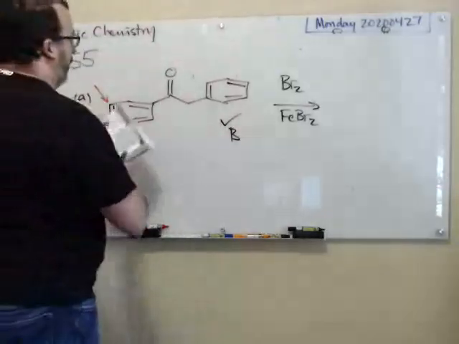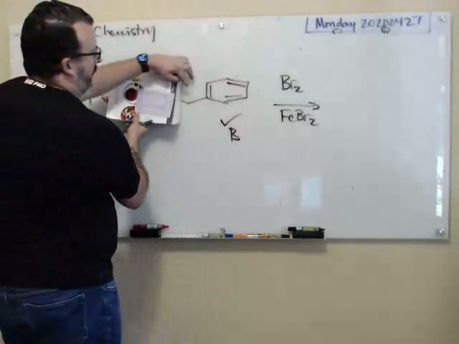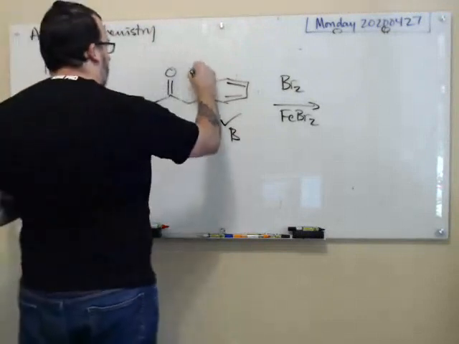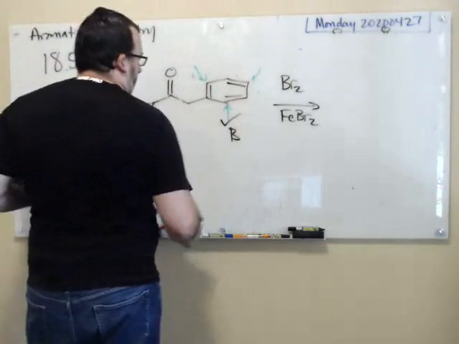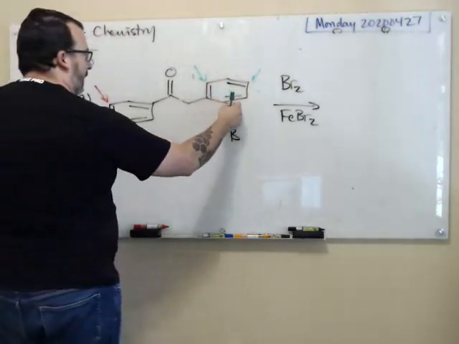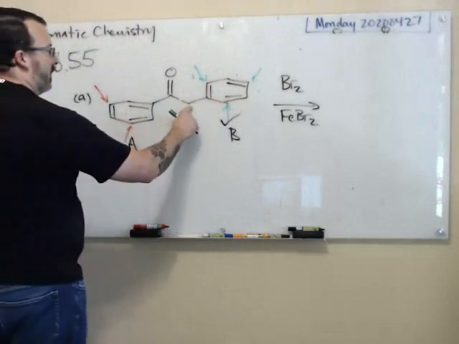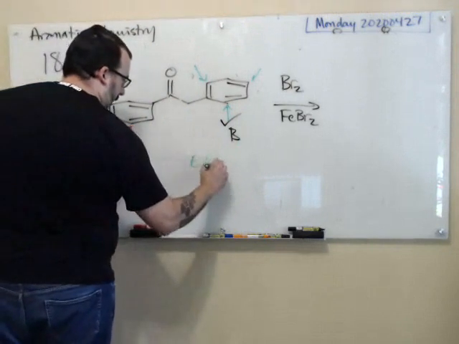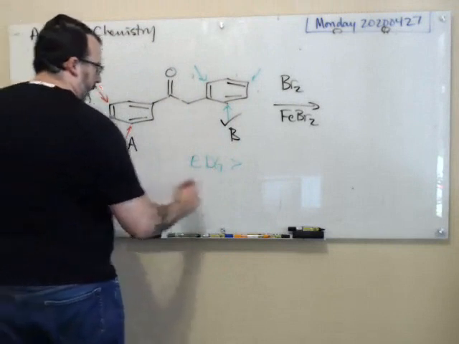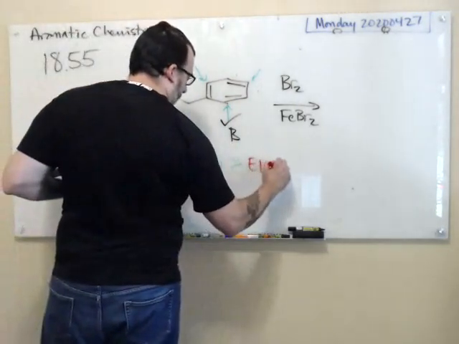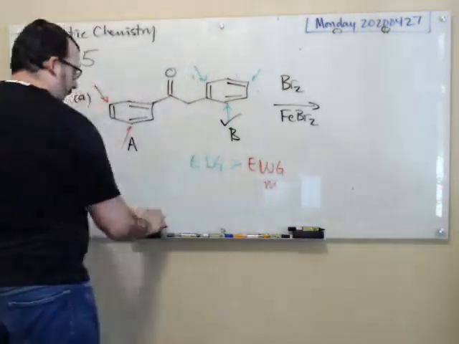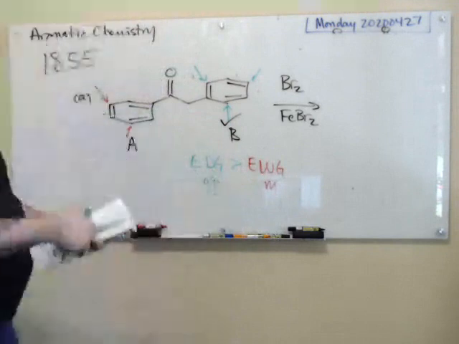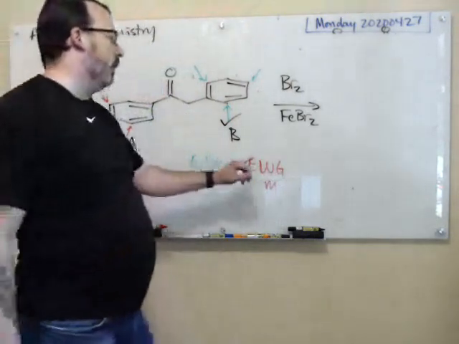Now if we cover up this part of the molecule, that looks like toluene, just a methyl group. We know that that's an electron donating group, so it's ortho-para. So this ring reacts faster than this ring because of that substituent. And now since you've done that, we know that electron donating groups are ortho-para, electron withdrawing groups are meta.